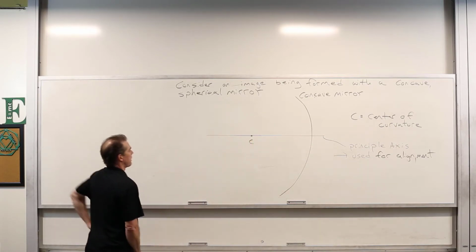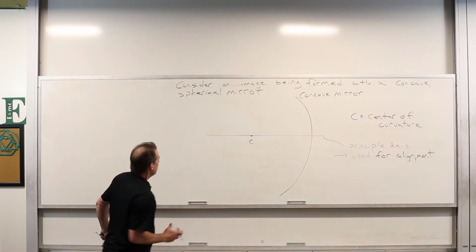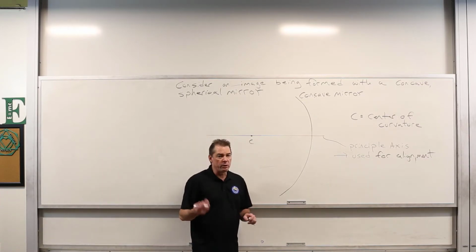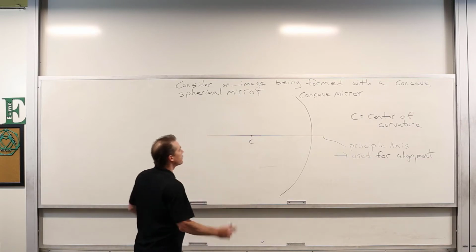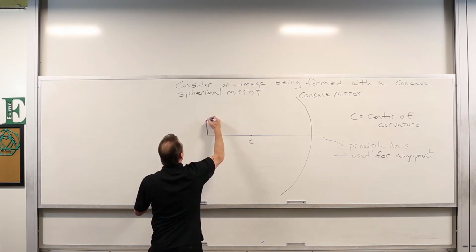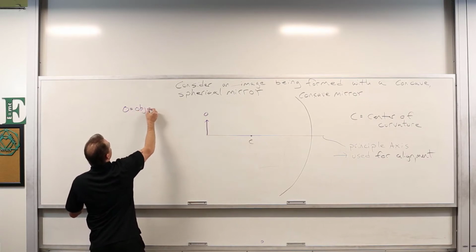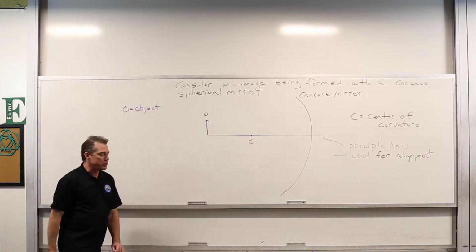And then we're going to put an object on here. With objects we usually use arrows because they have an orientation. I'm just going to draw an object arrow here. We'll use O's for objects.